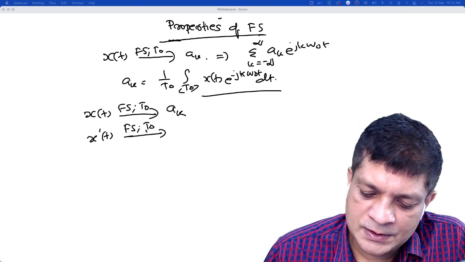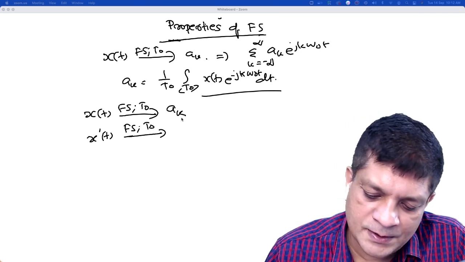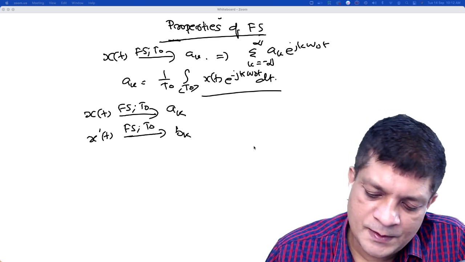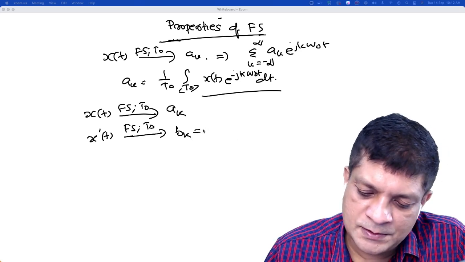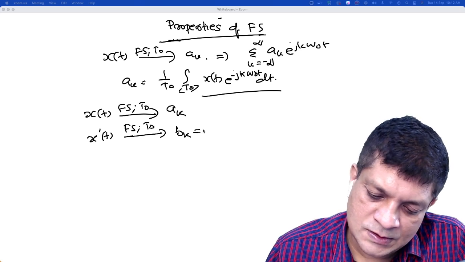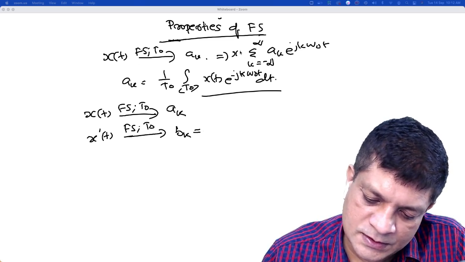So we can find a Fourier series representation with respect to the same period. Let me denote it by bk. And can you tell me what is the relation between them? This is x(t).